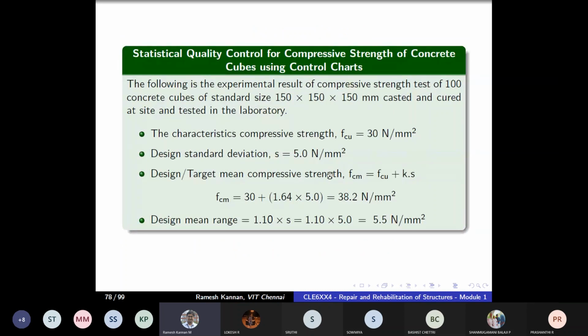Then the target compressive strength formula is FCM or FCK, you can call it, equals FCU plus K into S. K we can generally take as 1.65, but in this case, since I wanted to go with the ACI, we took 1.64. And the standard deviation is 5. Then the target compressive strength is 38.2.